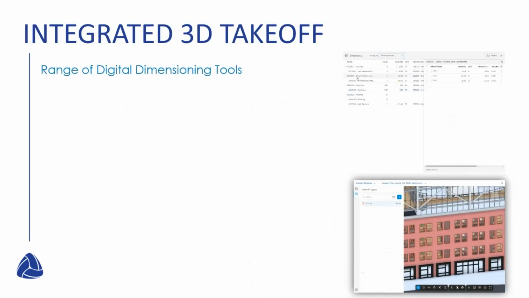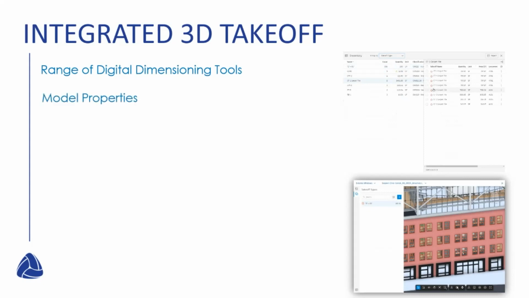So again, here we have a range of digital tools in order to help us. We can classify and categorize 3D components. Everything is categorized according to its usage. So furniture is furniture, pipes are pipes, ducting is ducting. Nothing overlaps the other because they're all within their place.